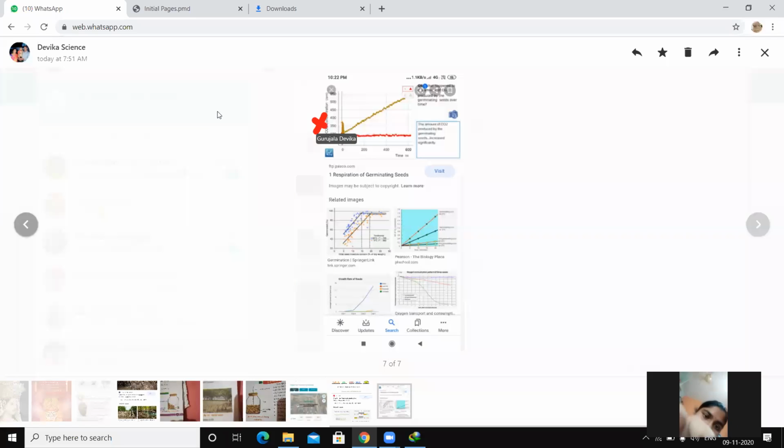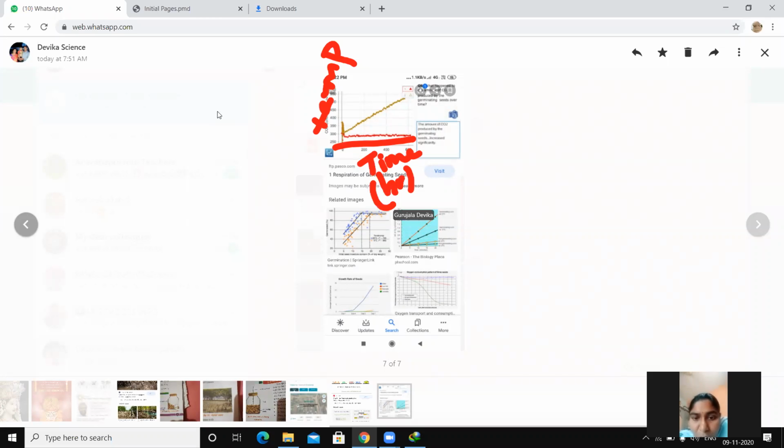So here you had to write down the temperature in degrees centigrade, as in the thermometer. And here you had to maintain the time in hours. So like this you had to plot a graph. For every 2 hours you had to plot the graph: 2, 4, 6, 8, like that you had to note down.